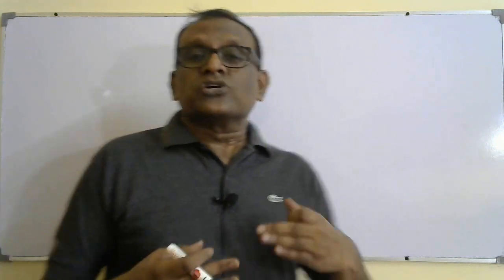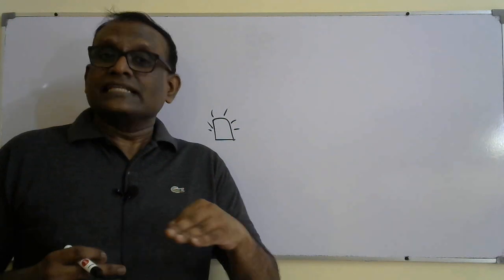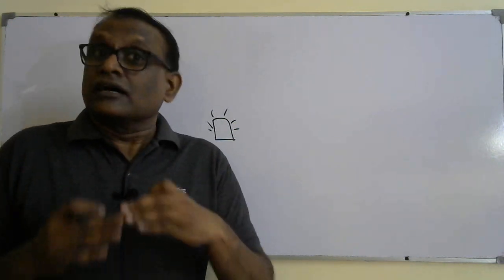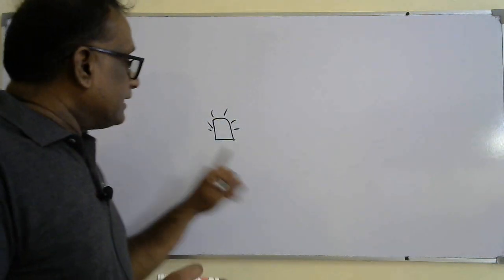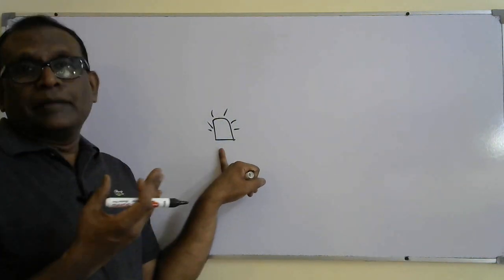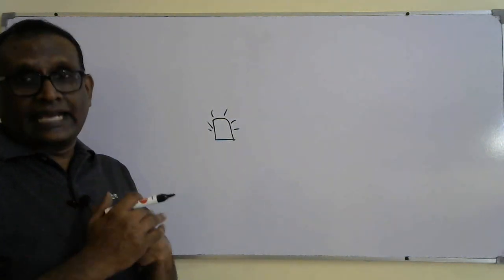The event is the emission of a pulse of light, and it happens at every 5-second interval.